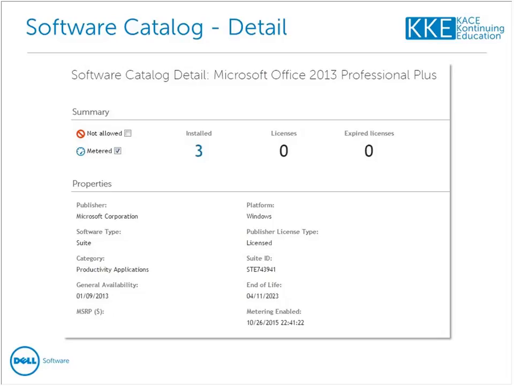So these fields will all be populated at a certain point. But even so, you can see the general availability, when this software came out, and end of life, which to me is more important than MSRP. When is this going to be end of life? Because I'd like to know so that I can make future plans. I've got a few years left to keep 2013 around, but for support purposes we might have to keep an eye on it.